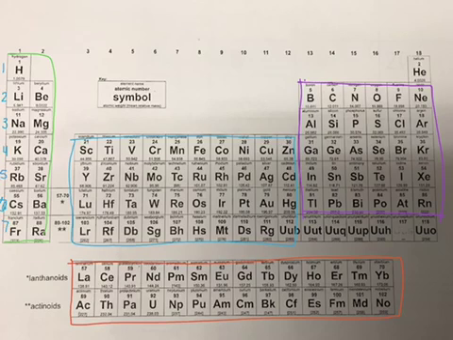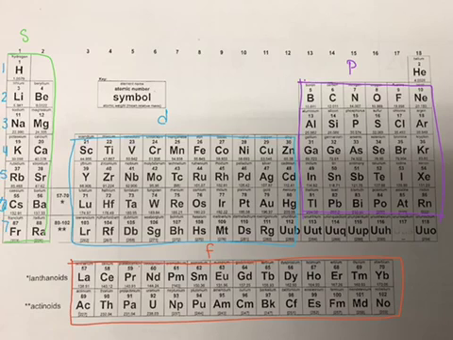So the green section represents your s orbitals. I think we'll just put it here. S is in green. Then in purple are our p orbitals. The blue is the d orbitals. And then lastly, the red represents the f orbitals.